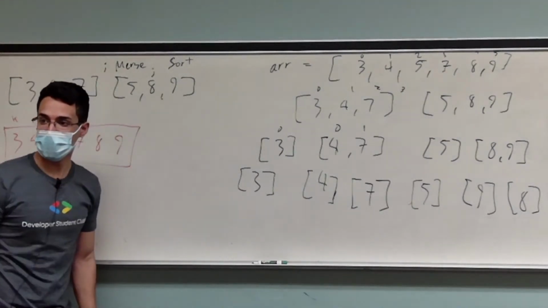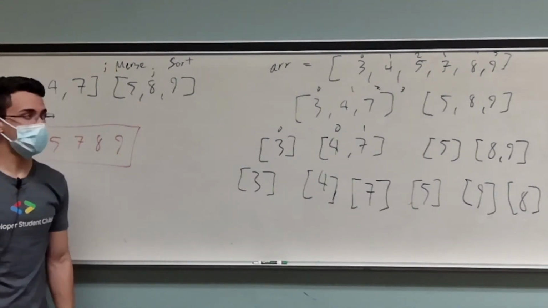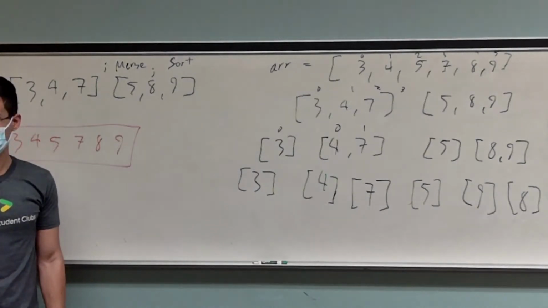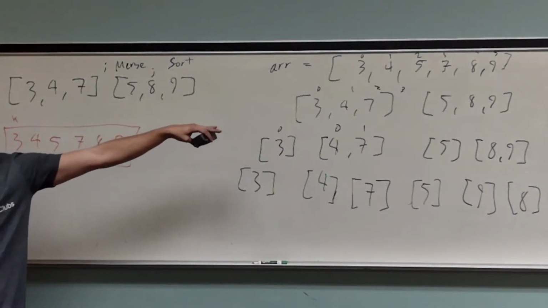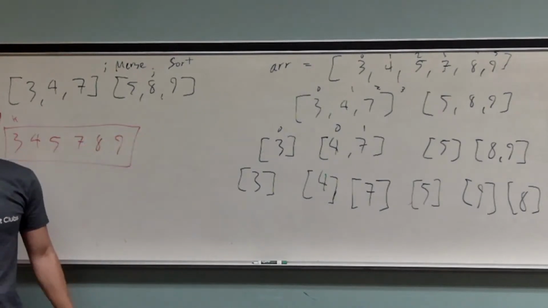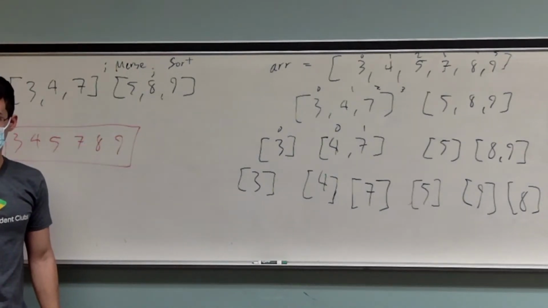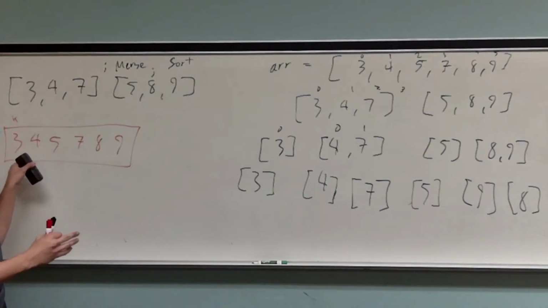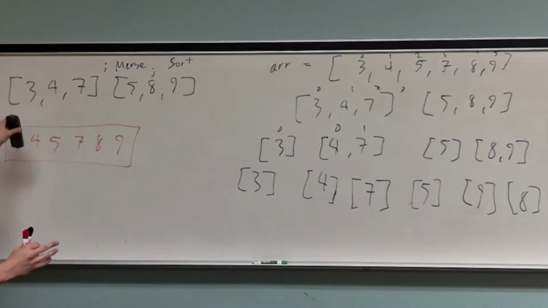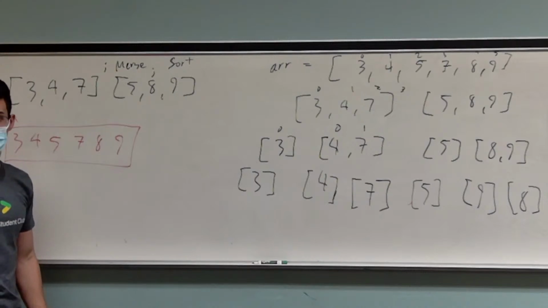So technically, you make 2 arrays, and at the end you're basically just replacing array number 1 with the merging of the 2 smaller ones. You're putting them in order from smallest to biggest.